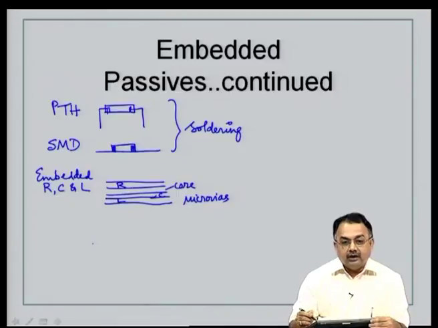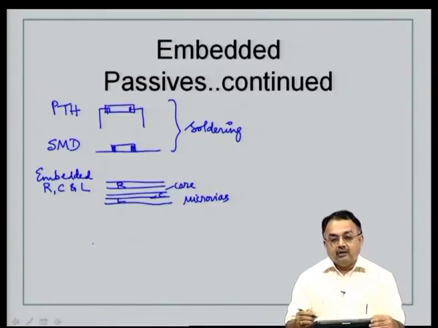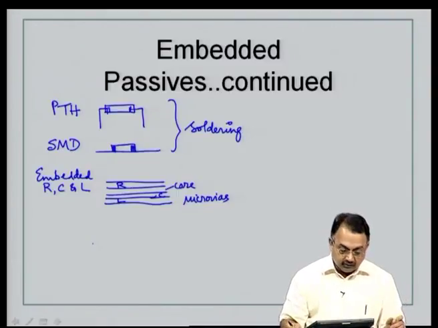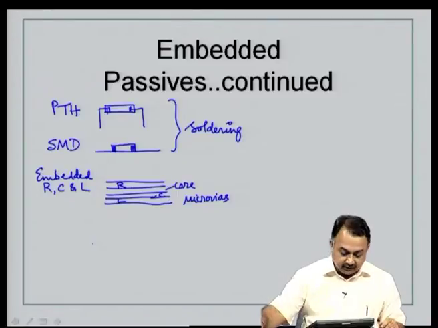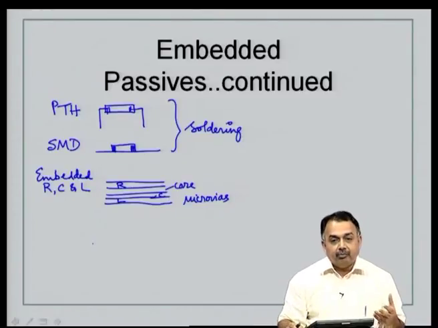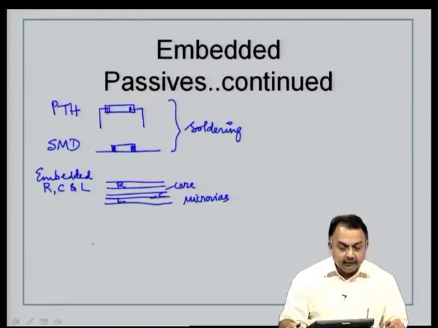So, the key to this technology is what kind of geometries or feature sizes you can work with in embedded resistors, capacitors and inductors, and how they can improve the production or fabrication of high density, high performance system level printed wiring boards.